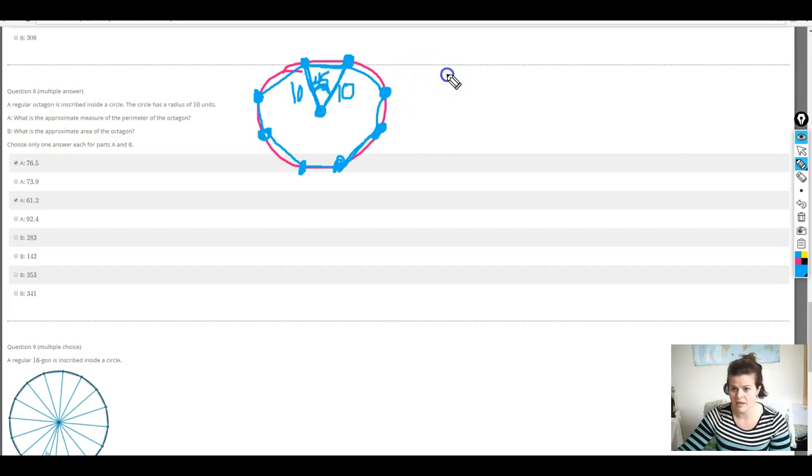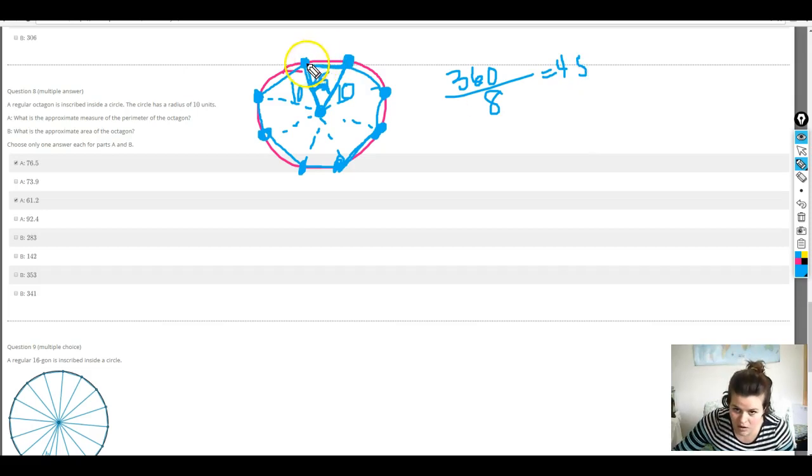And how I know that is we have 360 degrees in a circle, and I could copy this triangle 8 times, right here, right here, and right here. So I'm making 8 copies of that triangle, so I need to split my central angle by 8, which is equal to 45 degrees.